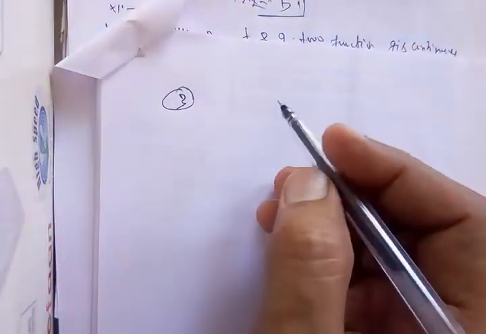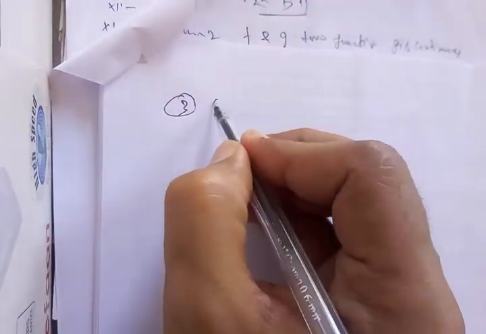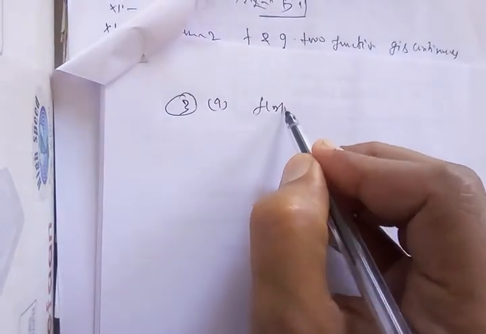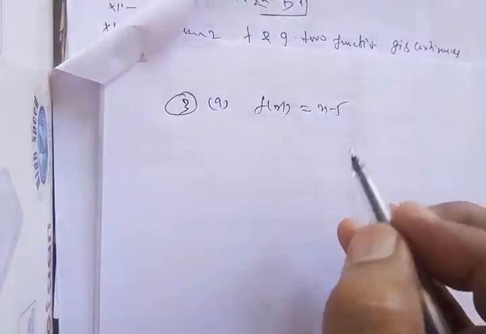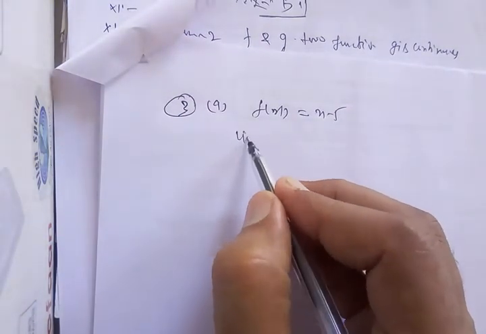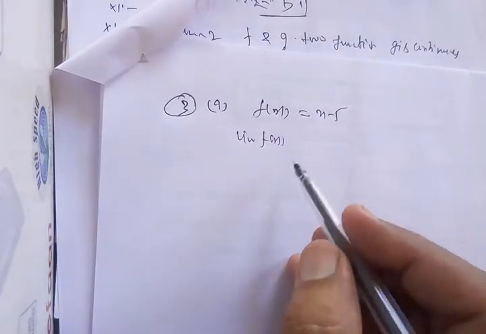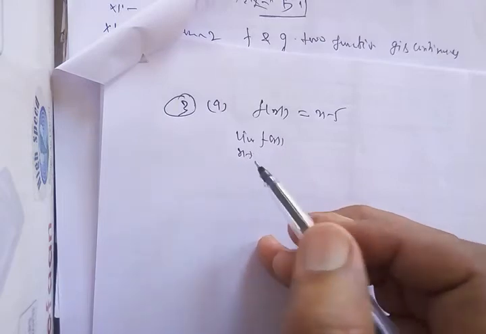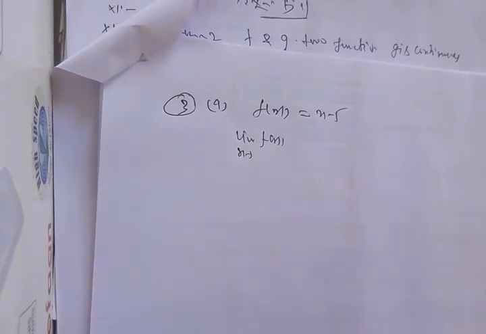And next type of question, question number 3: examine whether the following functions are continuous. First, part A: f(x) equals x minus 5.